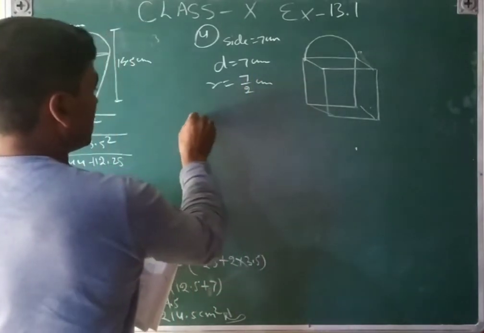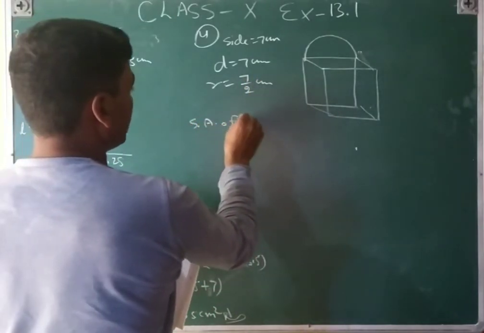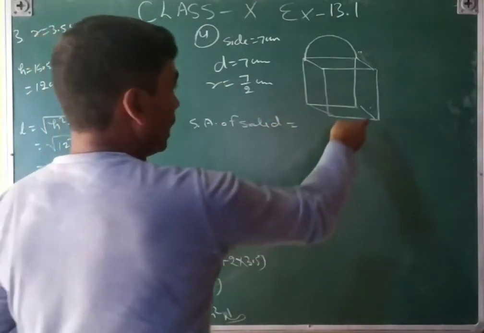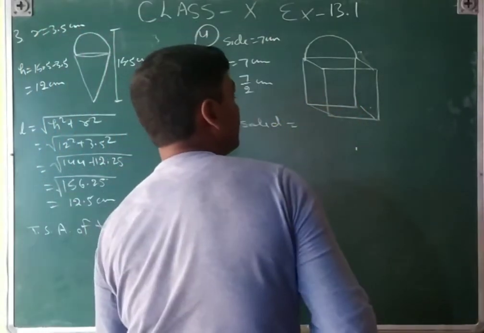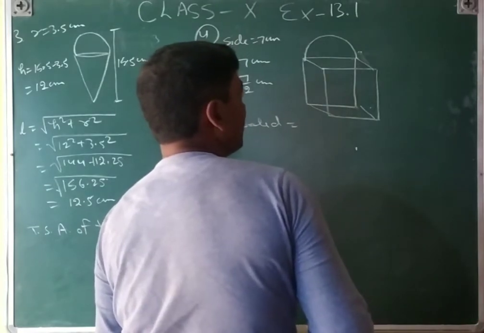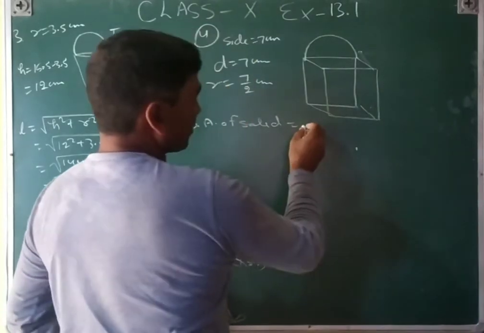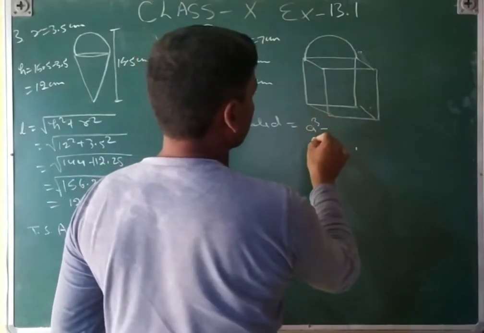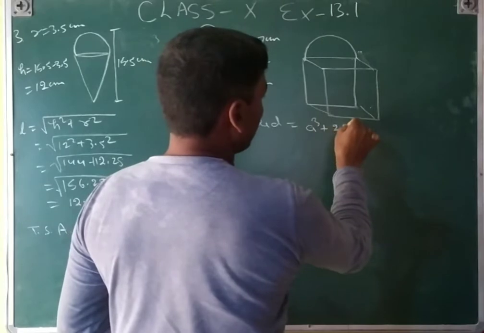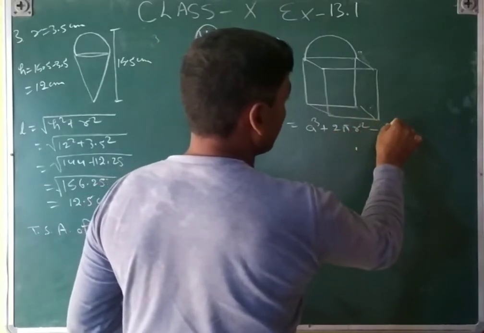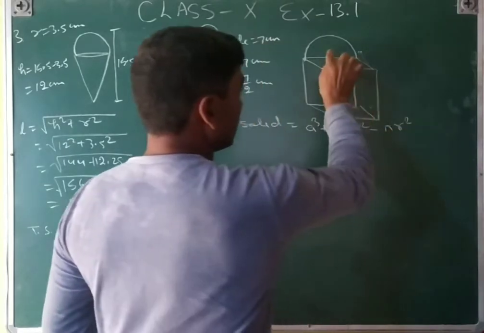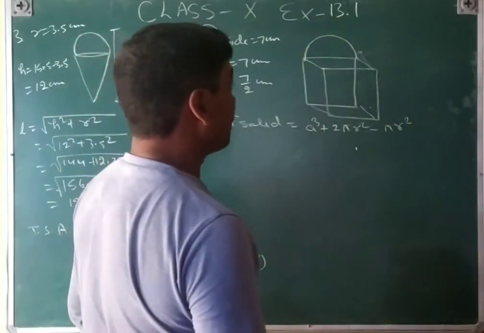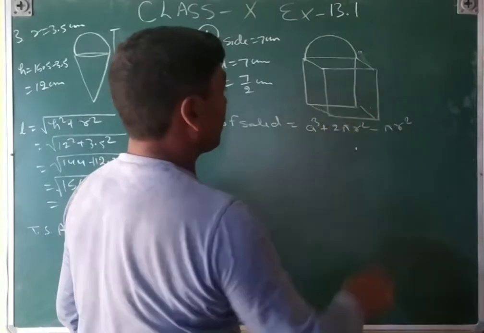So surface area of solid is equal to area of cube. Area of cube means a cube minus, sorry, plus 2 pi R square minus pi R square, because this hemisphere traps a part of the cubical block also.